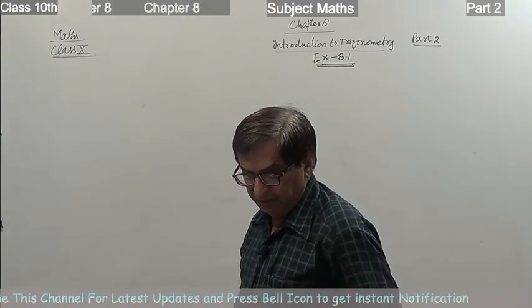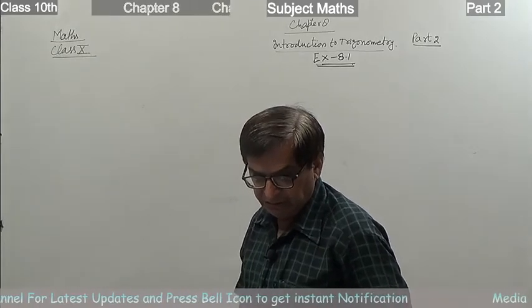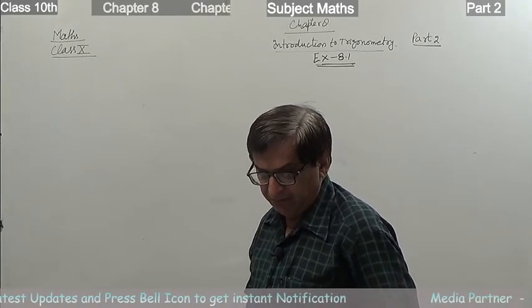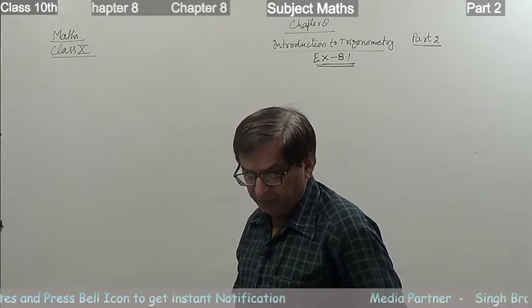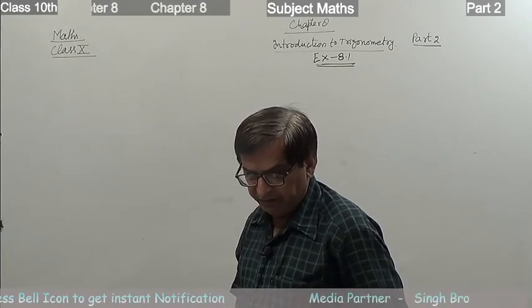In triangle ABC, right angle at B, AB is 24, BC is 7 centimeter.